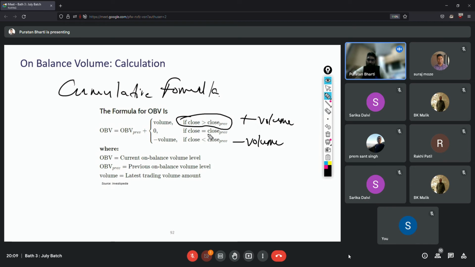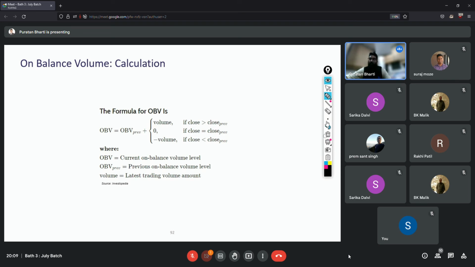Likewise, going by the same logic, if the closing price of today is equal to the closing price of yesterday, the volume has no impact at all, and it is neither added nor deducted. It's just a zero sum game here in terms of the volume. So no volume is added. Let us look at how the volume looks like.